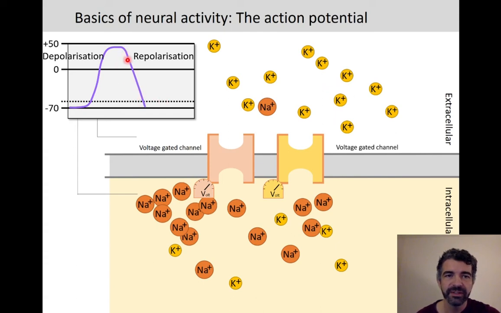And this repolarization literally means we re-instantiate a polarization. Because it happens with some kind of lag, it will also lead to a hyperpolarization for some time. So there's like an overcompensation: before the voltage gated channels can close again, there will be more K+ going out, and this causes this hyperpolarization here. And then we're back at the resting potential of minus 70 millivolts.